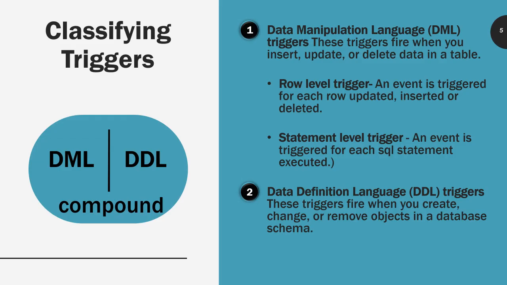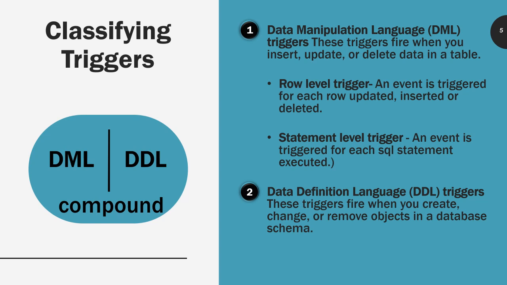By classification, the DML, or data manipulation triggers, typically fire when you do an insert, update, or delete. They can be row level triggers, so as a row is updated, inserted, or deleted, some event occurs.